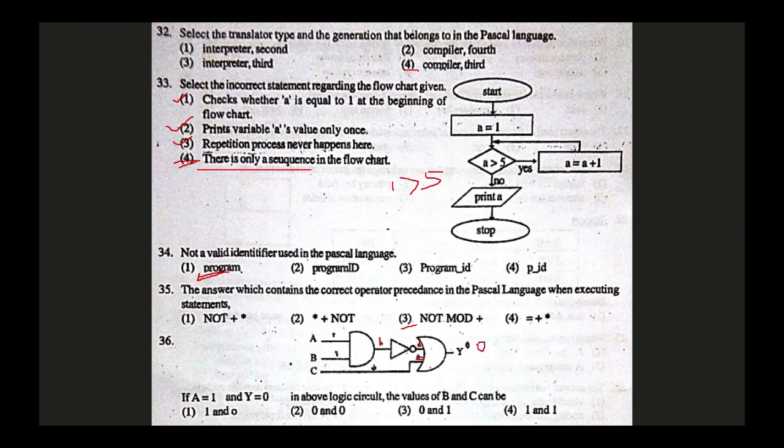I think it is clear. To output 0, these should be 0. To become 0 here should be 1, and here it goes 0. That means C0 B1, B1 and C0. This is the answer for that first one.